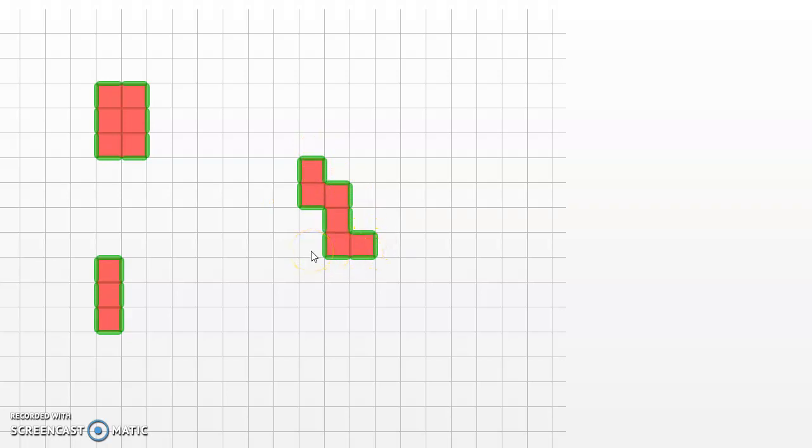So the area can stay the same, but the number of toothpicks can change. Or the number of toothpicks could change, but the toothpicks could stay the same and the area could change. Things aren't always going to be the exact same, but the area here is 6 because there's 6 tiles. Okay, that's just an introduction for today's lesson.